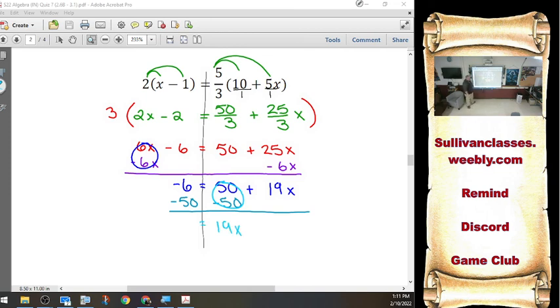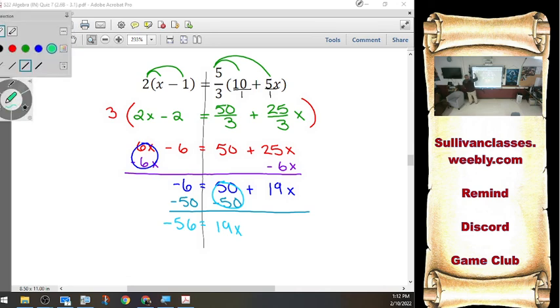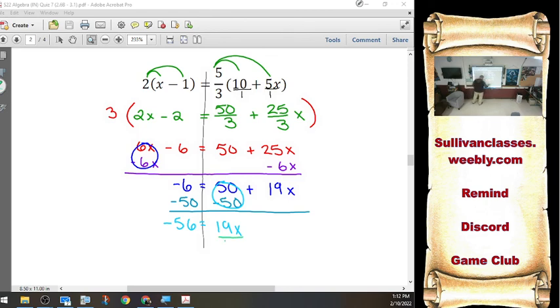You owe me $6. I'm really dumb and let you borrow 50. 56. You owe me $56. Divide by 19. And does it come out nice? No.